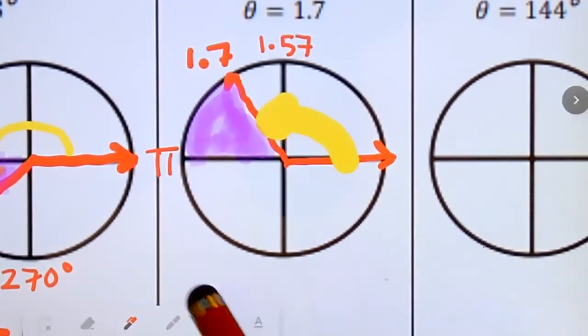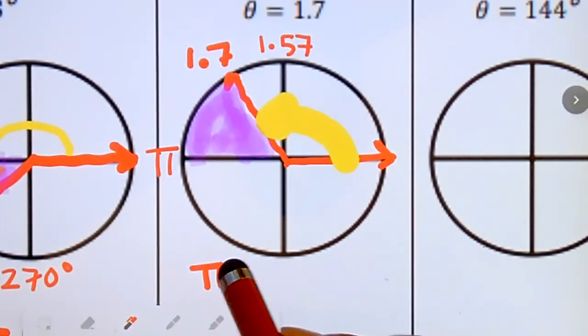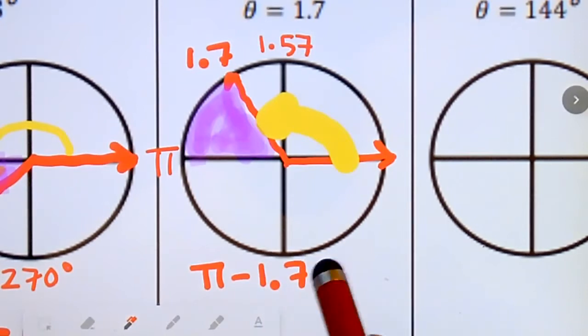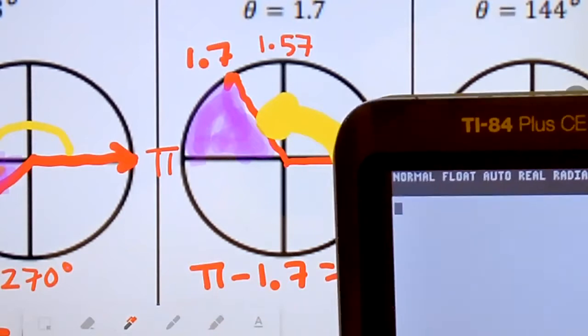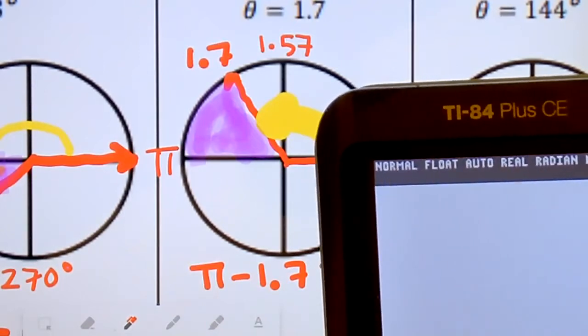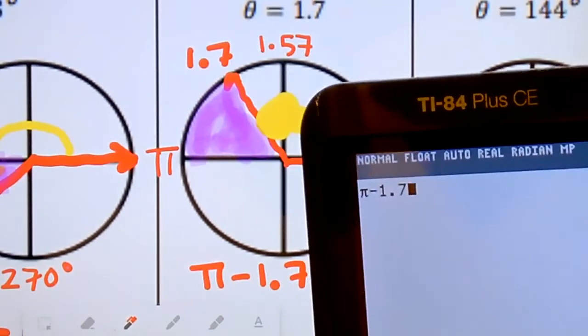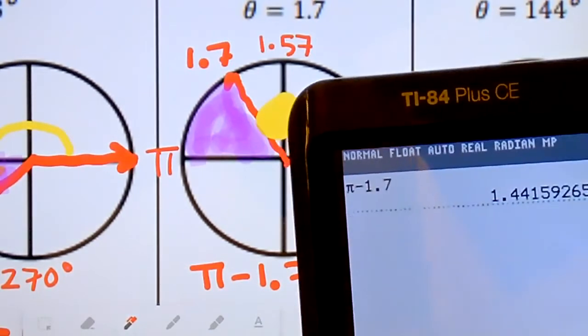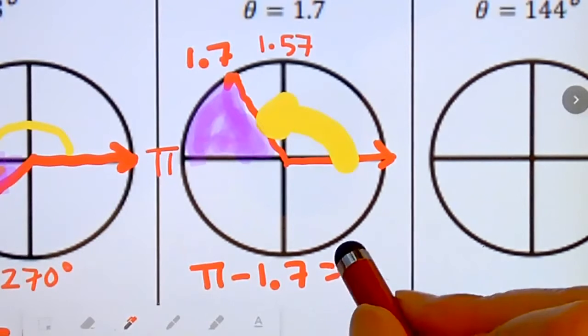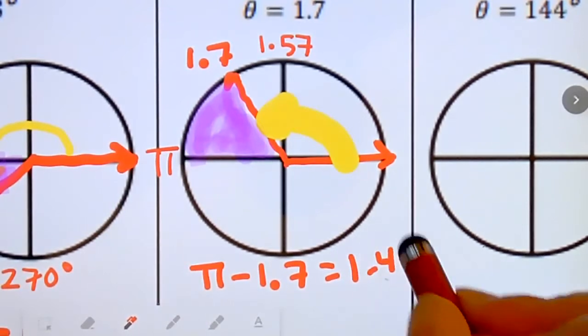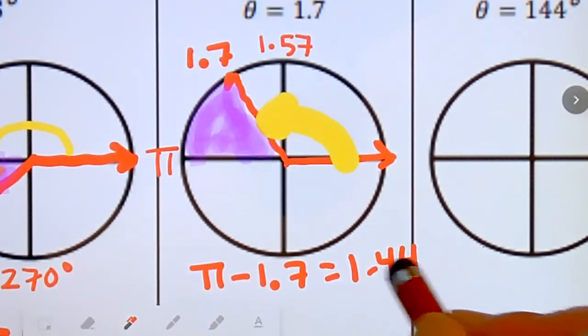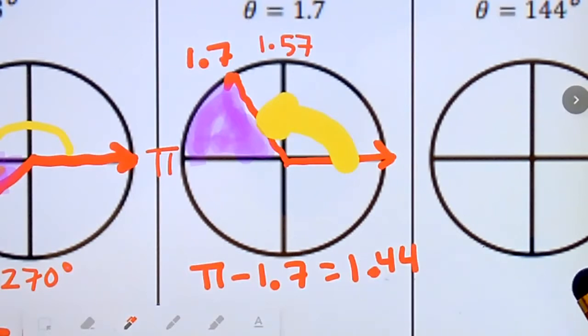The math I'm going to do is take pi and subtract 1.7 to see how far off I am. I end up with about 1.44. So this is 1.44 radians. That is my reference angle.